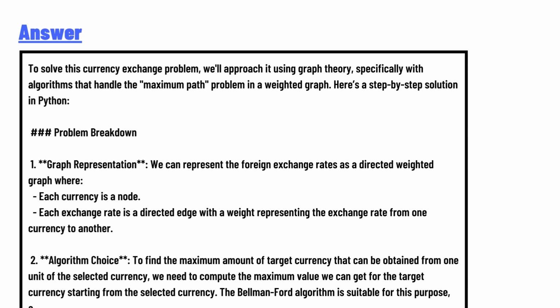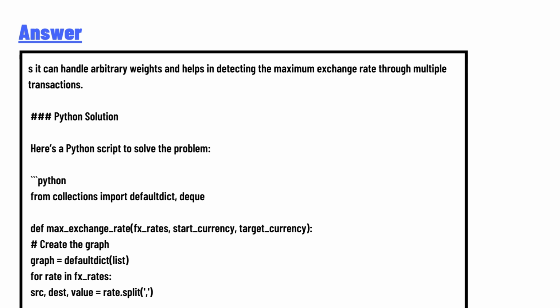Initialize the distance to all currencies as negative infinity: dist = defaultdict(lambda: float('-inf')). dist[start_currency] = 1, start with one unit of the start currency.